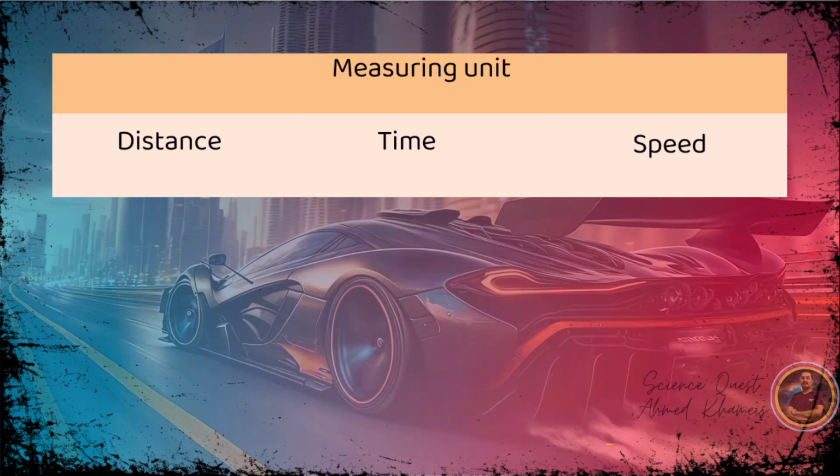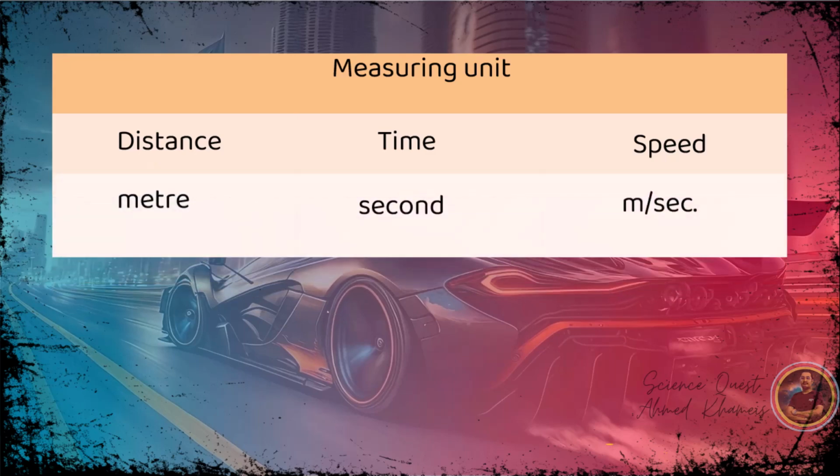So how do we measure the speed? The distance is measured by meter, kilometer, or centimeter. The time, second, minute, or hour. So the speed measuring unit could be meter and second.